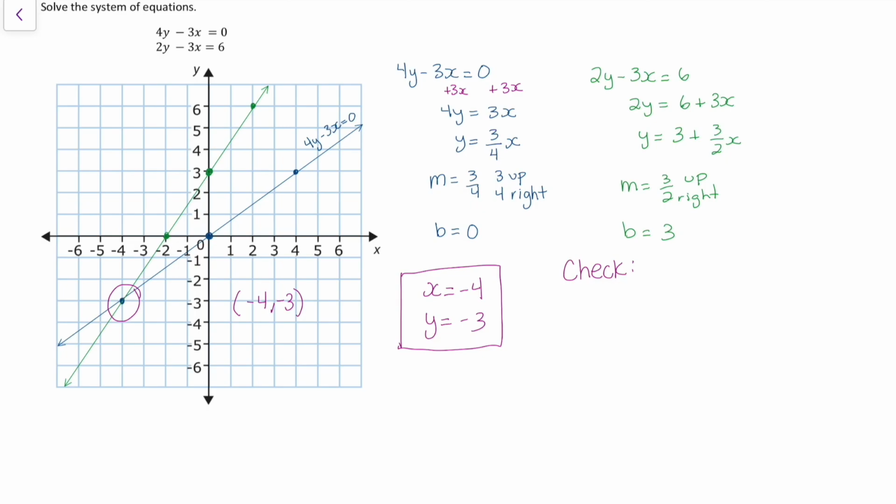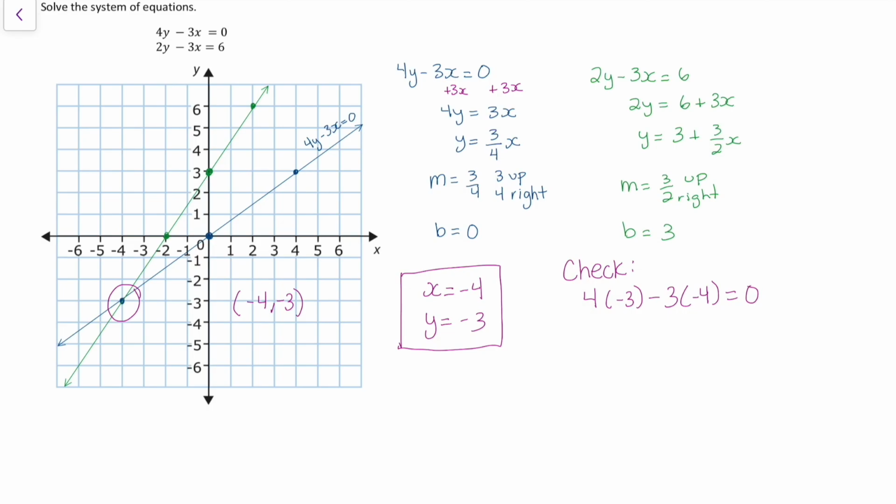I'm not going to use the equations that I rearranged just in case I made a mistake while rearranging. I'm going to go back to the original equations and substitute in my numbers and just make sure that my left-hand side equals my right-hand side.